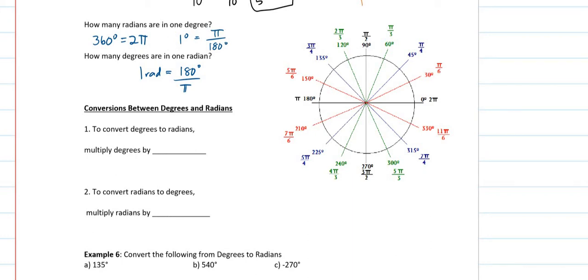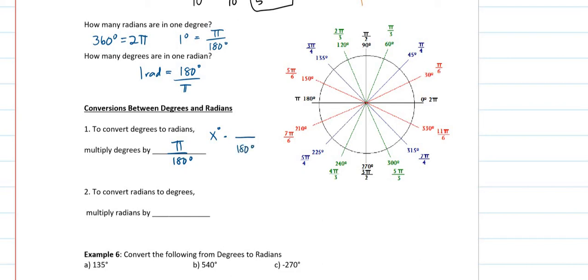So if you're going to convert degrees to radians, then you're going to multiply by pi over 180 degrees. You can think about it like units. If you had x degrees here and you wanted it to equal radians, you have to multiply by something so the degrees will cancel out.